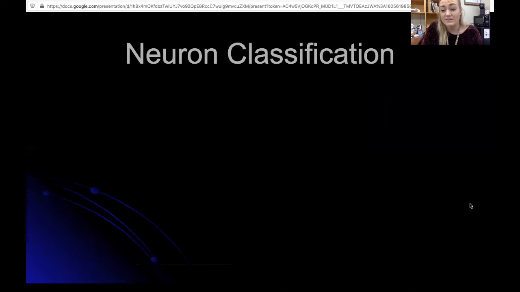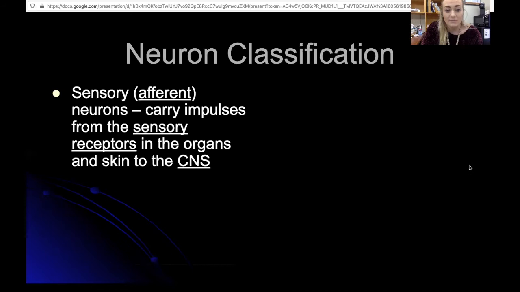Okay, so now we're going to continue looking at neurons. I said we were going to talk about a couple of different neurons today, so that is what we are going to do right now. We have sensory neurons. Sensory neurons we call afferent, however you want to say that. They carry impulses from sensory receptors in the organs and the skin to the central nervous system.